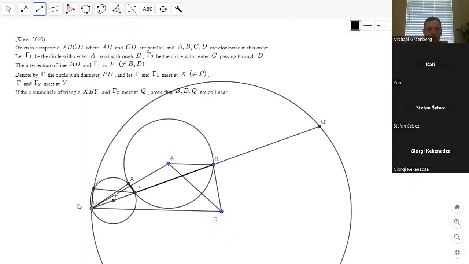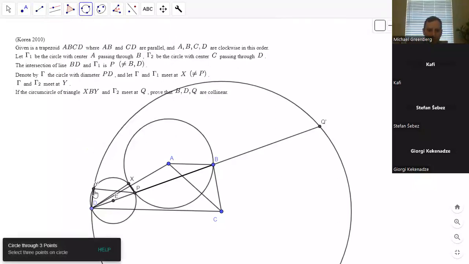And then this circle with diameter PB meets the two circles at X and Y. This line meets them at P and Q prime. And then we want to show that X, Y, B, Q prime is cyclic.